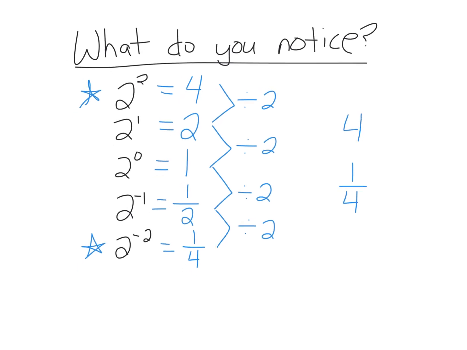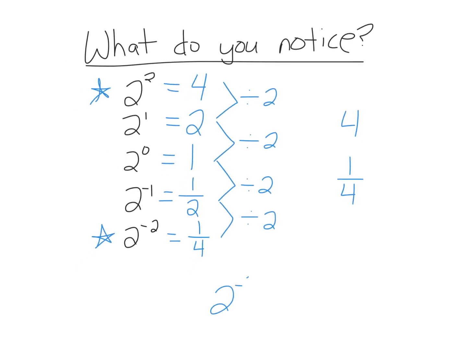So if I see 2 to the negative 2, negative exponents, you cannot have those. So to make them positive, they move to the bottom. And that's how they get that 1/4. So negative exponents, you do not want them. You want to move them, the reciprocal of them.